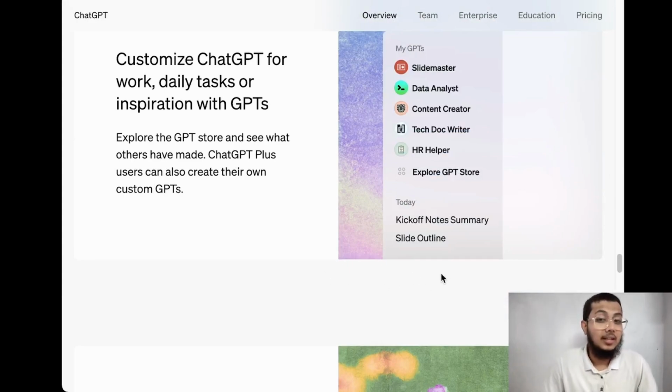So there is no need for an introduction for this one. For the last 1.5 years it has been highlighted on every news channel and every website. You must have been hearing the name of one software, that is ChatGPT. So what is ChatGPT? ChatGPT is basically a chatbot built on top of GPT-3.